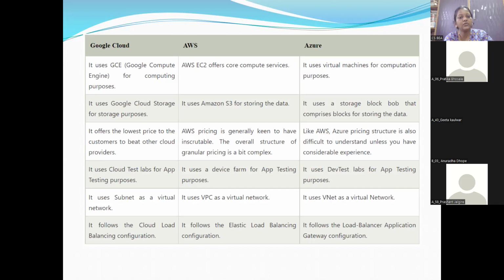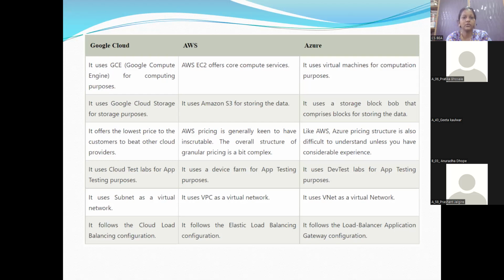Google Cloud uses a subnet as a virtual network, AWS uses VPC, virtual private cloud, and Azure uses VNet as a virtual network. Then Google Cloud follows Cloud Load Balancing, AWS follows Elastic Load Balancing, and Azure follows the Load Balancer and Application Gateway configuration. So this is the difference between these three.